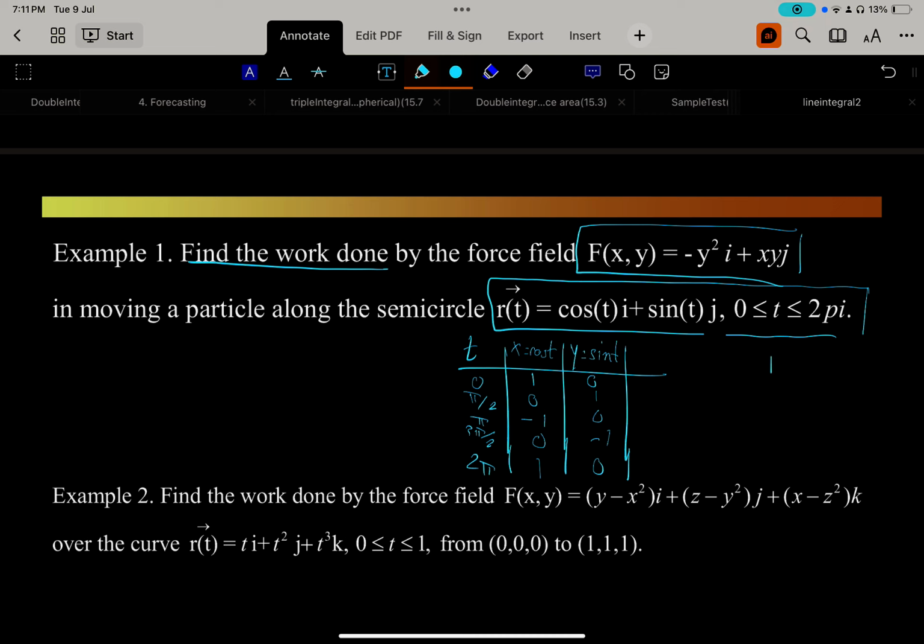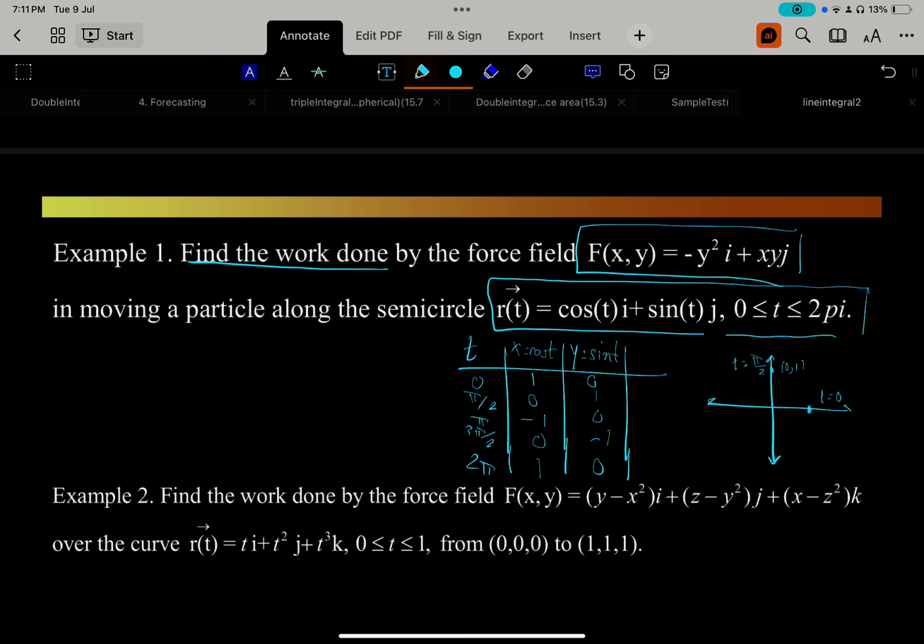And so if we draw this, it's going to be basically from 0 to 2 pi. So let's take first x equals 1 and y equals 0. This is t equals 0. Now let's take t equals pi over 2, which is 0, 1.